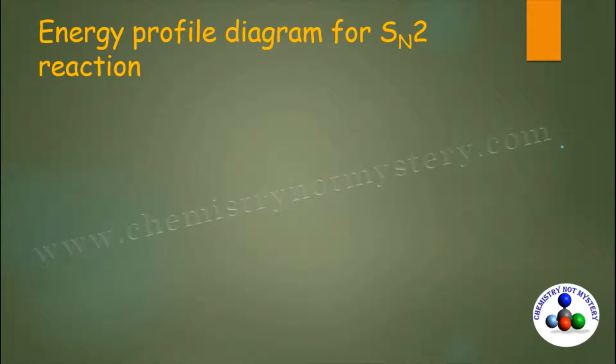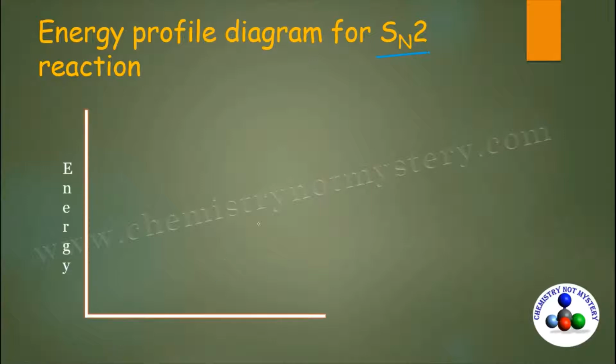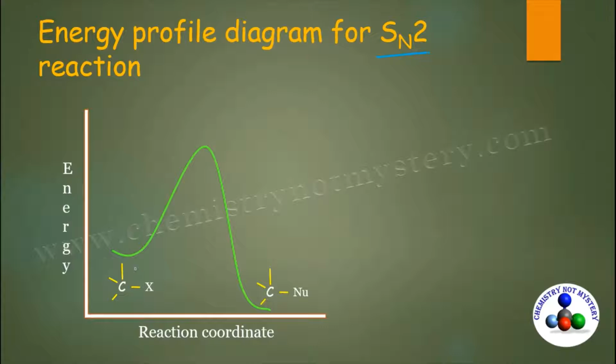So now come to the energy profile diagram of SN2 reaction mechanism. When we plot reaction coordinate on the x-axis and energy on the y-axis, you will get this type of curve. This is the reactant and this is the product. And here you will get only one peak.